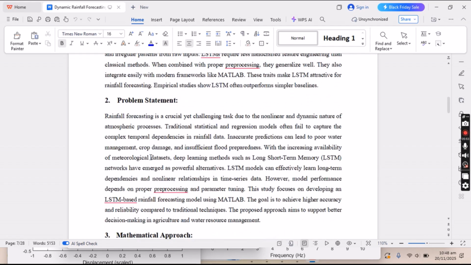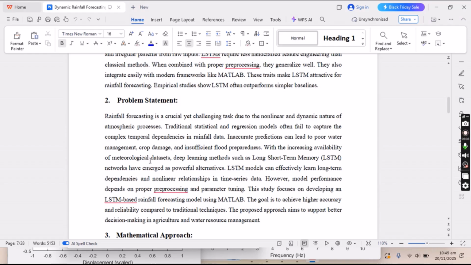So the problem statement is here: we can predict accurate values of rainfall, and we can also use that rainfall in our water management system and crop management system, and also save crops from damage, insufficient food preparedness, and increase the availability of meteorological datasets.